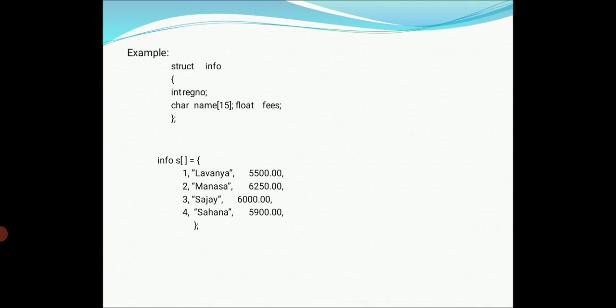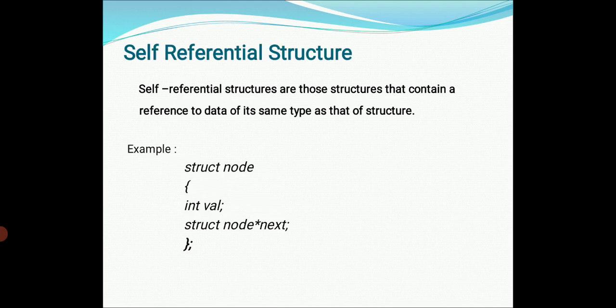So like this we initialize, that means assigning values to the data members; we call it initialization. These are the values to be assigned to the data members. This is another example for the structure.